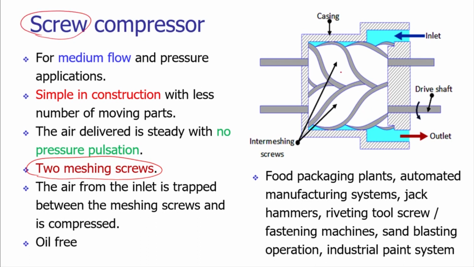These are the two intermeshing screws, and one screw is on an idler shaft and the other screw is on the drive shaft.